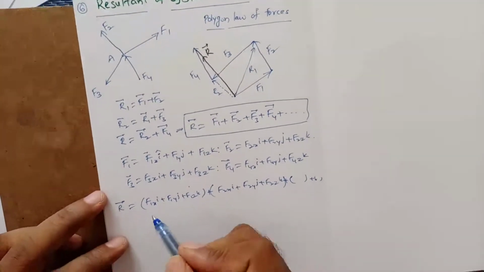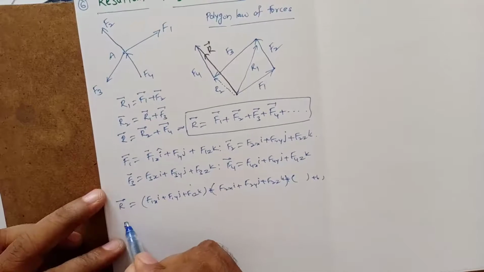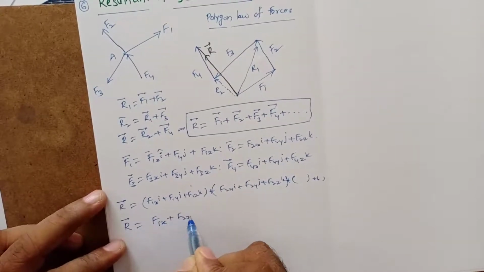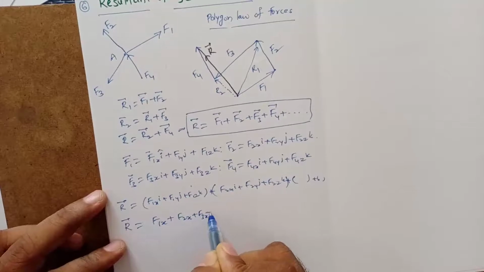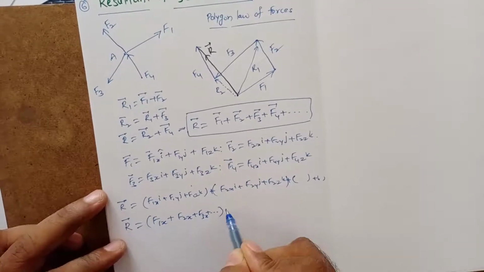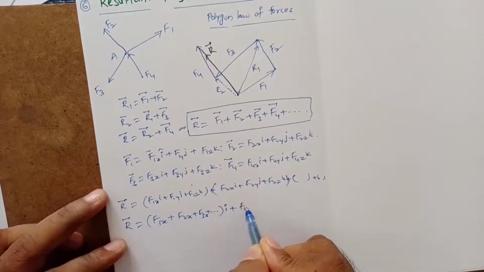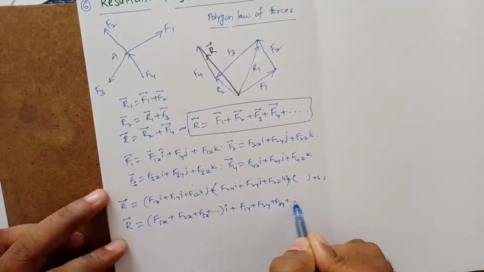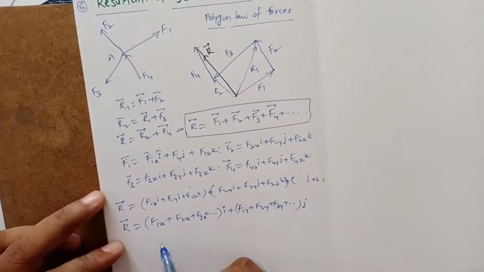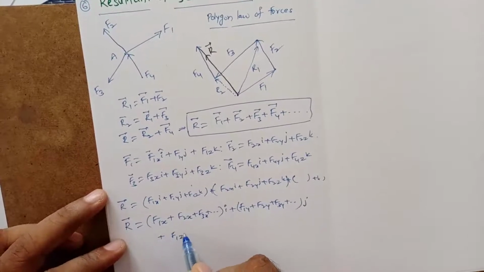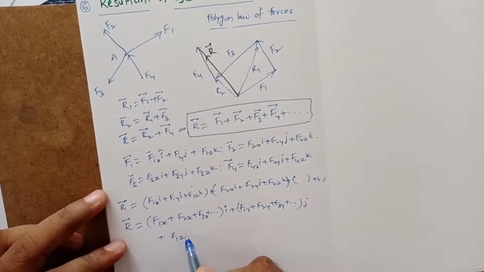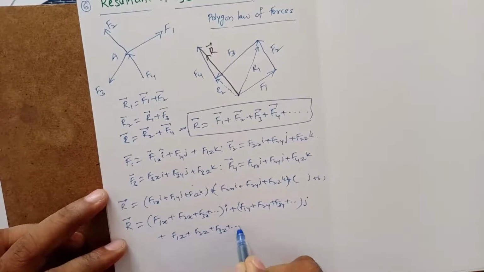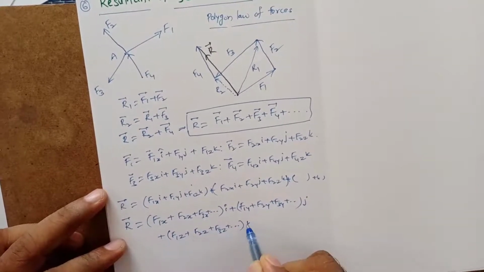Now bringing all i terms together, this r bar is equal to f1x plus f2x plus f3x plus, and so on, i cap, and this is f1y plus f2y plus f3y plus, and so on, j cap, plus f1z plus f2z plus f3z, and so on, k cap.